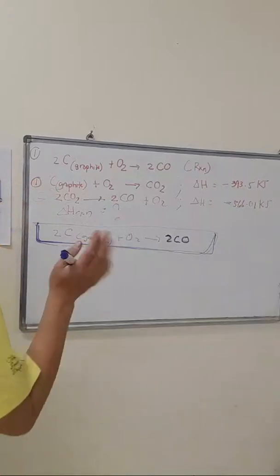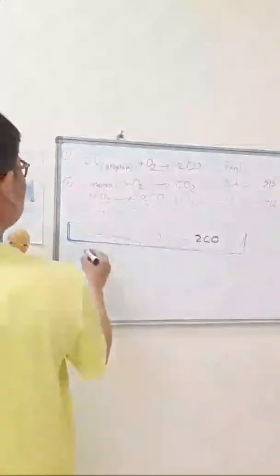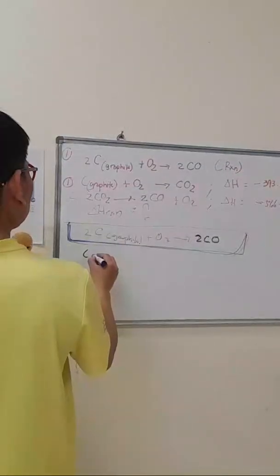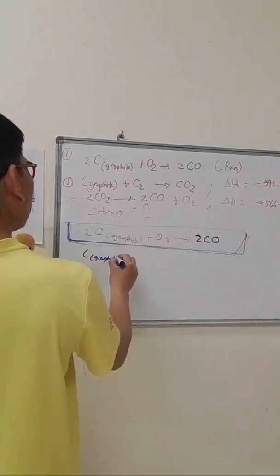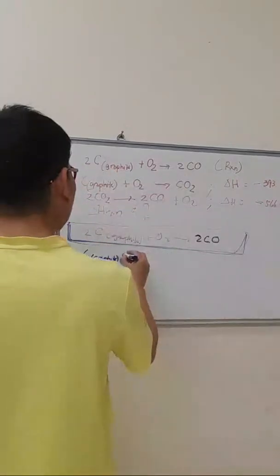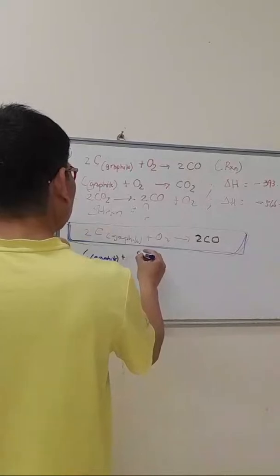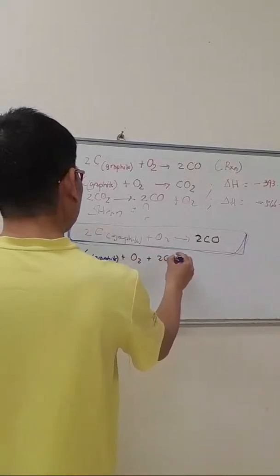If you try to add this, let's say just for the purpose of discussion, to prove that it's incorrect, we will also introduce the error so that we can justify the case, not only showing directly the correct one. So graphite, oxygen gas plus 2CO2.